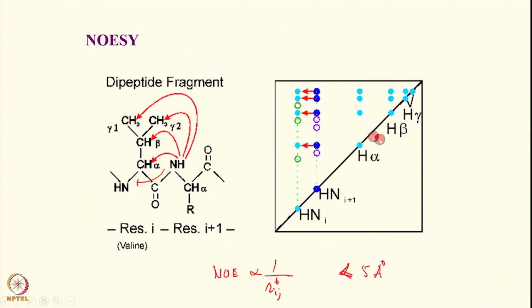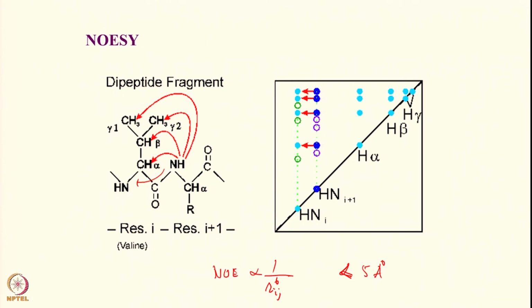You also will see here the alpha to the beta, which is the peak which is present in the COSY. This peak is present in the COSY, okay. And now you will see, in addition to this peak, you will also see alpha to the gamma, and the gamma 1 and gamma 2. Therefore the NOESY has a lot more information than the COSY.